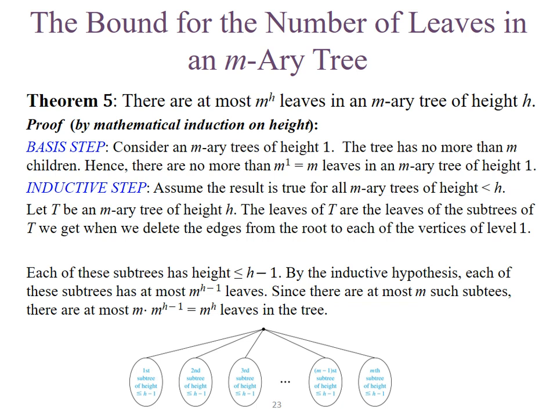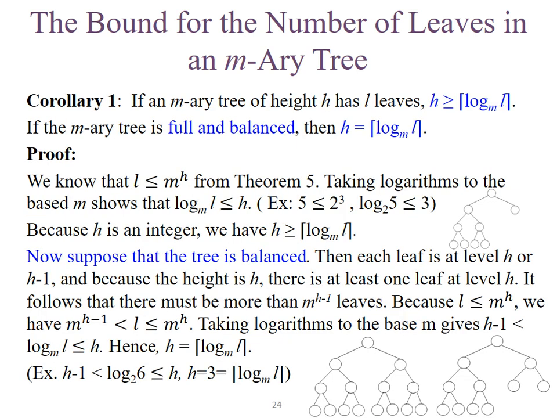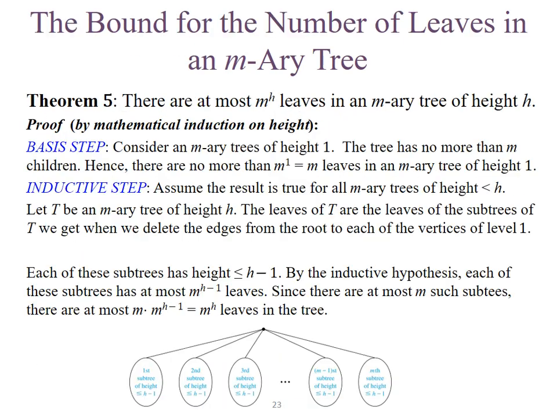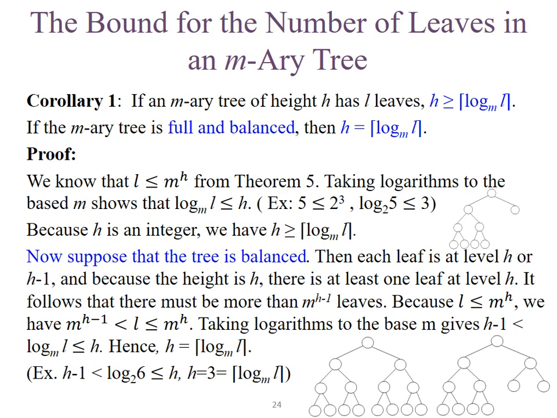And then we can infer that once we have at most n subtrees, then for the tree with height h, at most we will have n to the power of h leaves. Okay, so that will be the end of this section. Oh no, we have one more corollary.